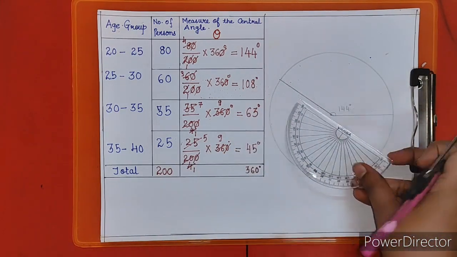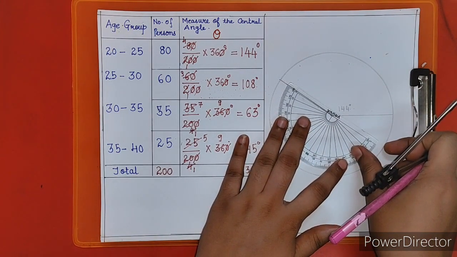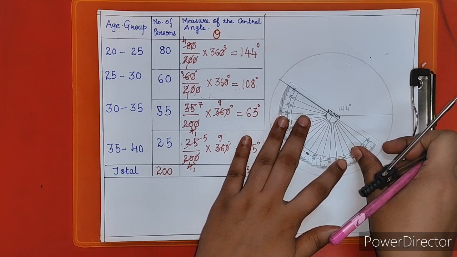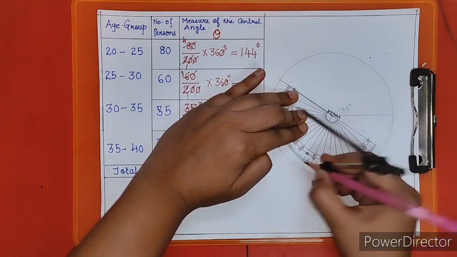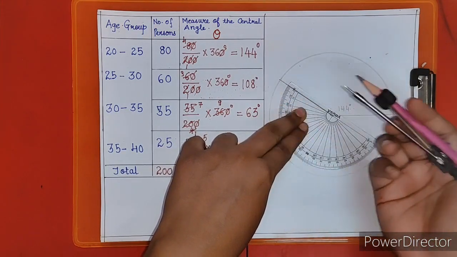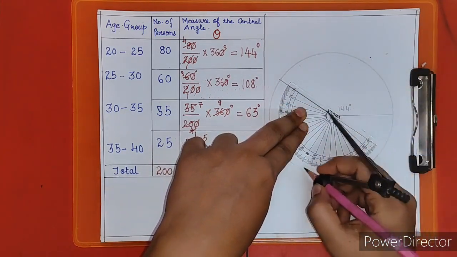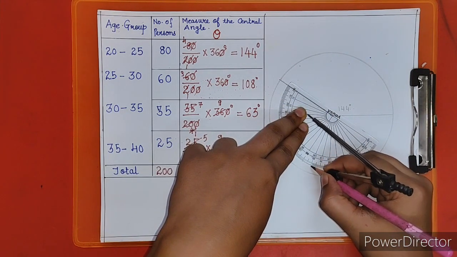For the next central angle, we'll place the protractor on the next radius to mark the next central angle. Once you place the protractor, you will see where is your 90 degree. This is your 90 degree. Now it is again an obtuse angle which is 108, so it will be in this region, 108.